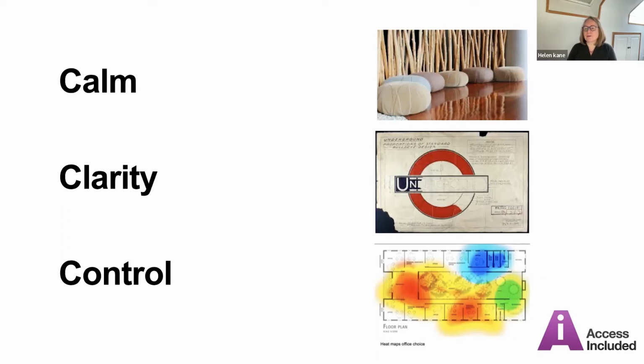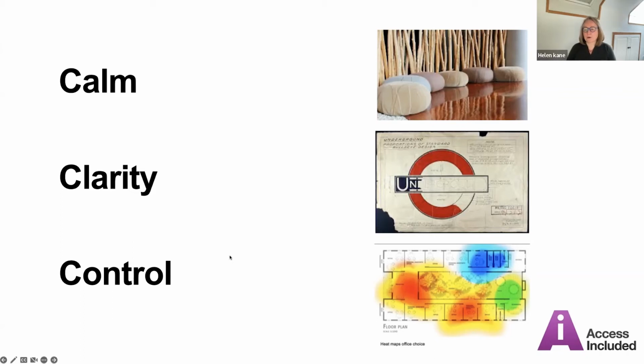So if you can aim for clarity in everything you design, that's great. It doesn't have to be loud or quiet, but you can design quiet and build in sensory stimulation later, because everybody either seeks or avoids sensory stimulation. So that's the best way to deal with it.